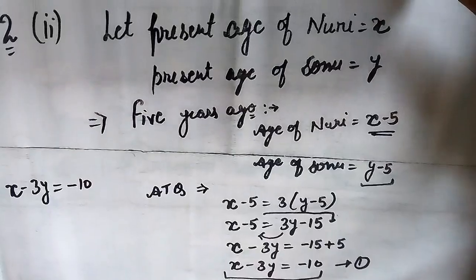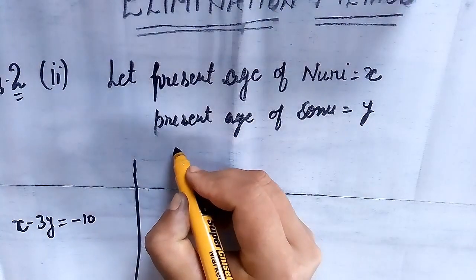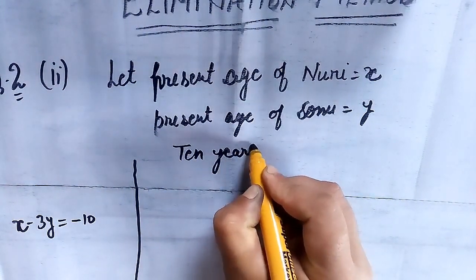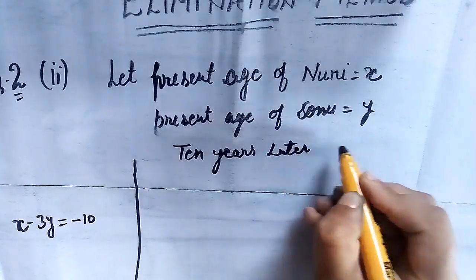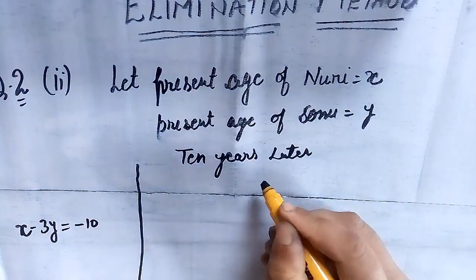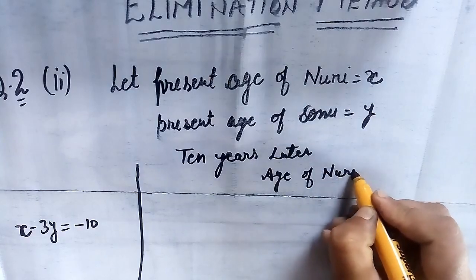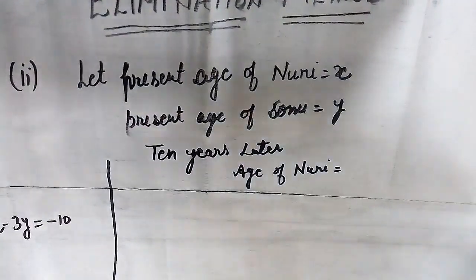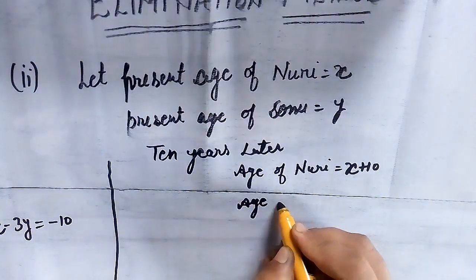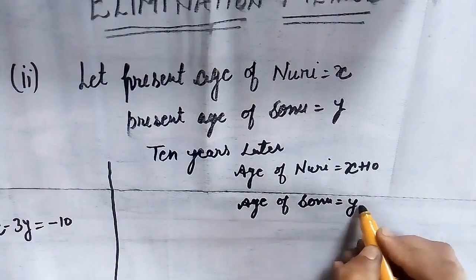Now remember your next statement, that is 10 years hence, 10 years from now. So first of all, find out their ages 10 years later. So if present age is x, 10 years hence, age of Nuri will be, 10 years will be added, so it will be x plus 10, and age of Sonu will be y plus 10.